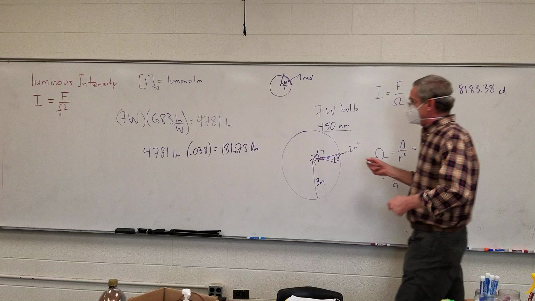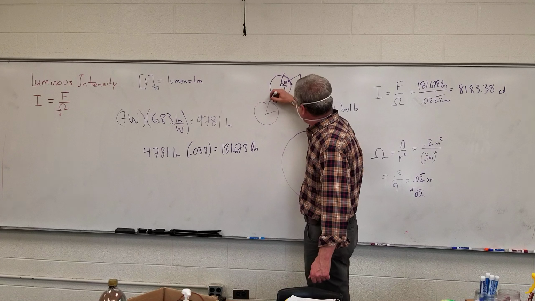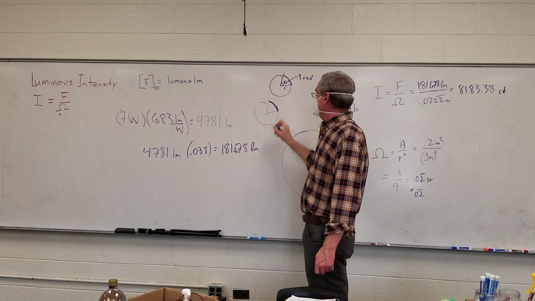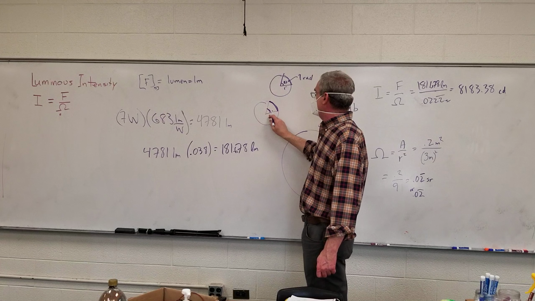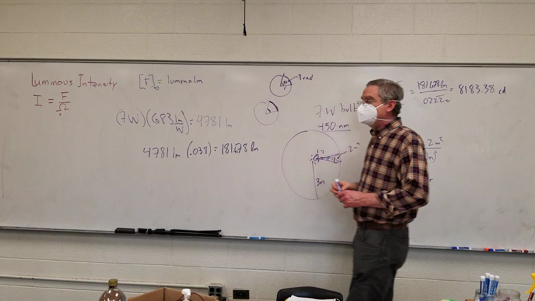The similar to the two-dimensional is if I have a certain amount of energy hitting that band right there, if I moved in and looked at the smaller band, it had the same amount of energy, it's just not spread out as much.